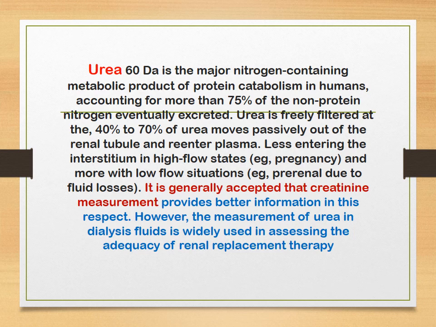And the reabsorption of urea by the proximal tubules is usually inversely proportional to the rate of filtrate flow. Where there is an increase in filtration, that means an increase in GFR, such as in pregnancy, the reabsorption will be decreased, and vice versa.